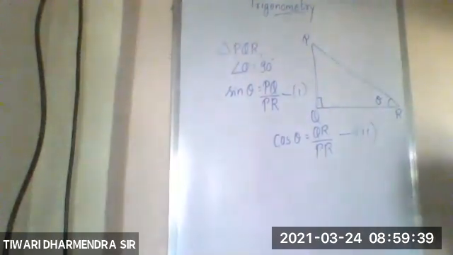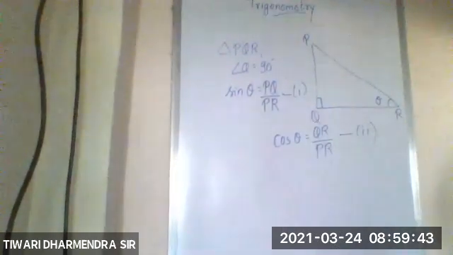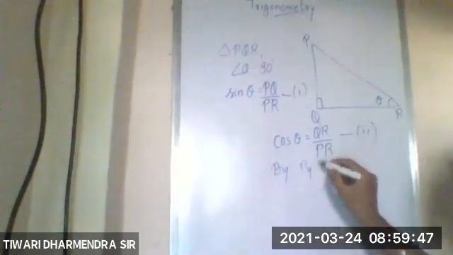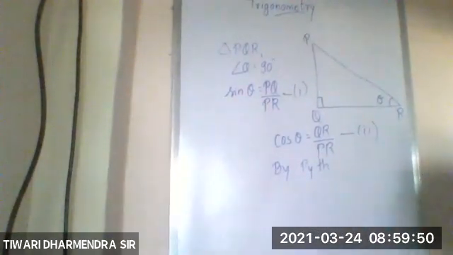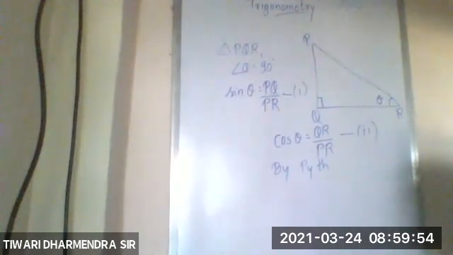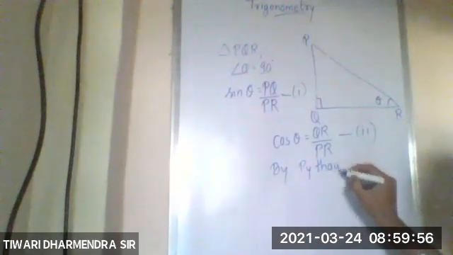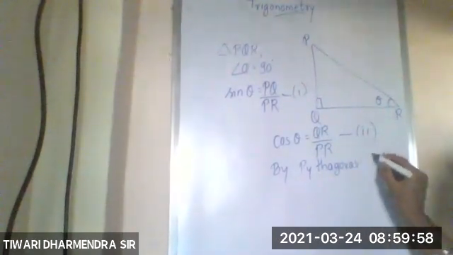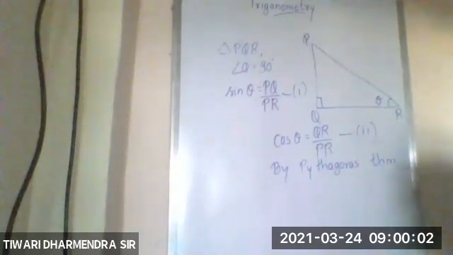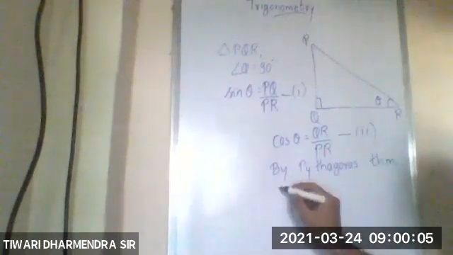Now, since we know Pythagoras theorem, by Pythagoras. Why can we apply Pythagoras? Since our triangle is a right angle triangle, we can apply Pythagoras theorem. So by Pythagoras theorem, hypotenuse square, what is our hypotenuse?